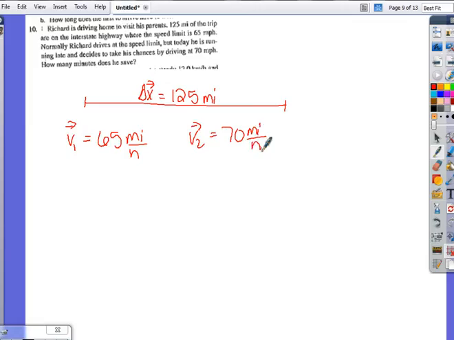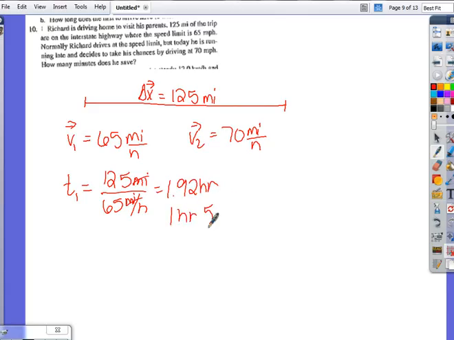We're going to do the exact same thing that we've been doing. So the first time is going to be delta x over v again. So 125 miles over 65 miles per hour. That's going to take about 1.92 hours or 1 hour 55 minutes once you do that conversion.